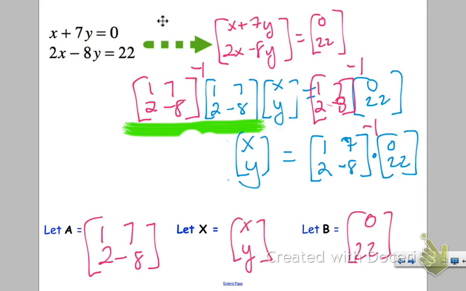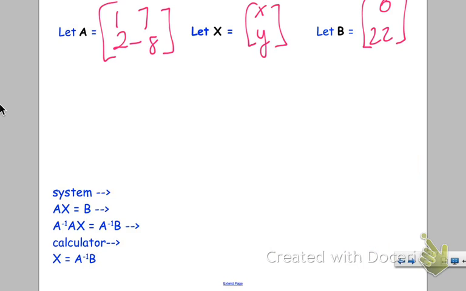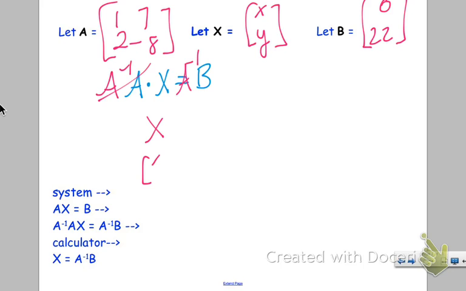So now we can make it a little bit easier. Now our equation is just A times X equals B. Well, to solve a simple equation like this, we just multiply by A inverse on the left. That cancels out and gives us X, which is our variables, equals the inverse of matrix A on the left times B.